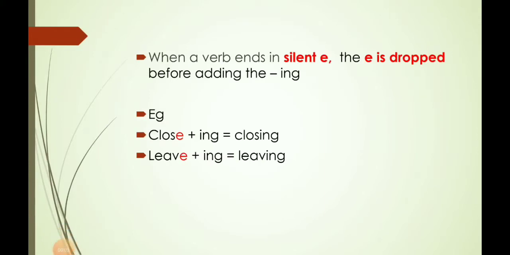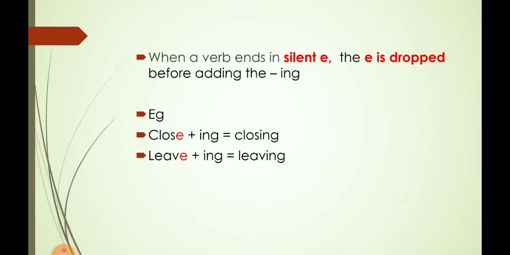And let's see some rules of making ing verbs. The first one is when a verb ends in silent e, the e is dropped before adding the ing. For example, close and leave. Look at these words.